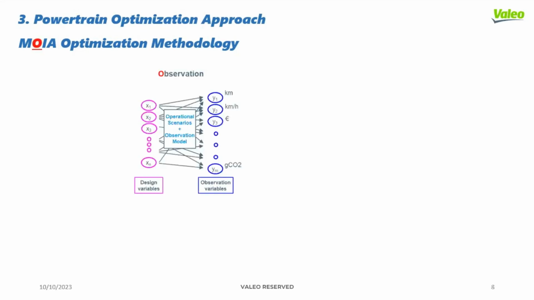So normally in the system, we have design variables. To the design variables, we will apply different models, observation and physical models, and obtain the different observation variables that are of interest for us, such as autonomy on cycle, the performance of the machine or the whole e-drive, the performance on the vehicle level, and of course cost.